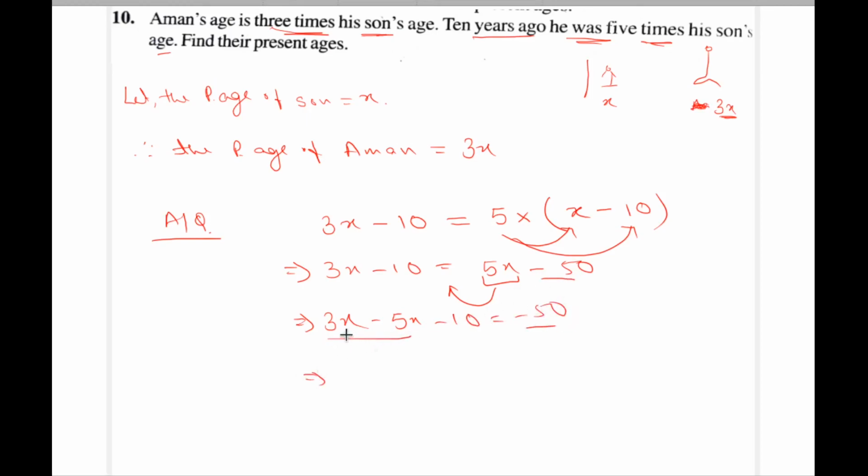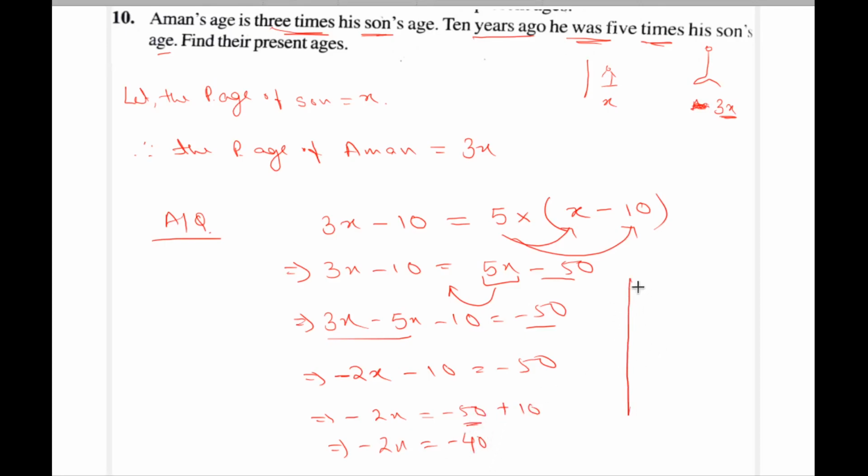Now, 3x minus 5x is twice x, and minus sign is with the bigger number, so minus 2x minus 10 equals minus 50. Now, minus 2x equals minus 50 plus 10. So, this implies minus 2x equals minus 40. 50 minus 10 is 40 and minus sign is with the bigger number, so minus 40.